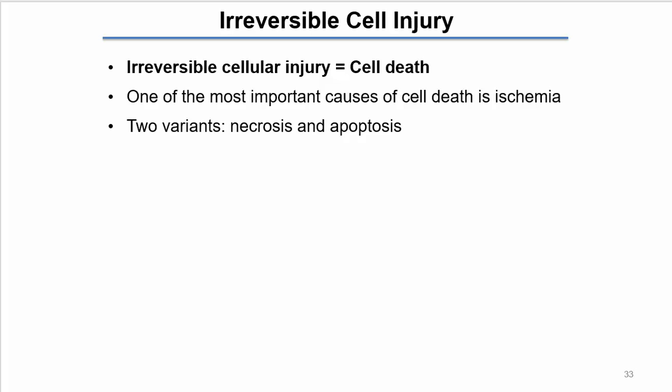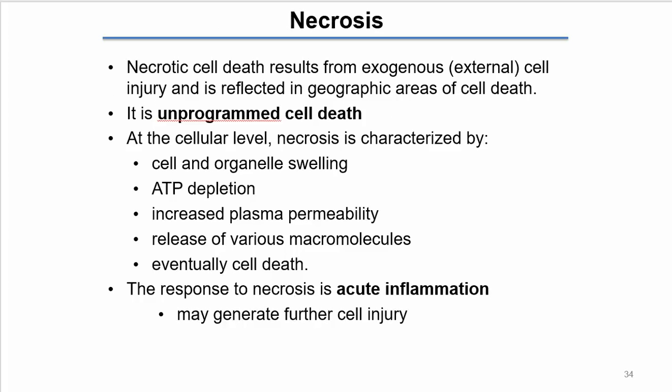Now, of the two, you want apoptosis. Necrosis is an unprogrammed death. It's when the cell dies inappropriately, unexpectedly. So what happens here is that the cell and the organelles within the cell will swell up due to the water coming in, the hydropic swelling.